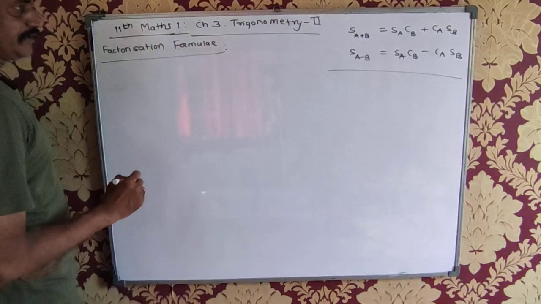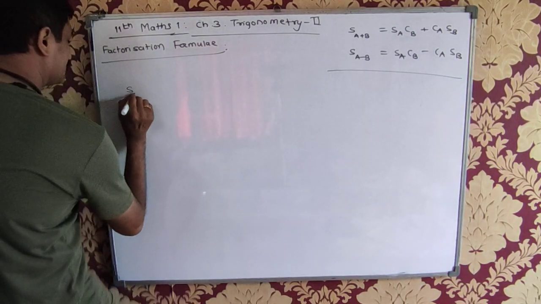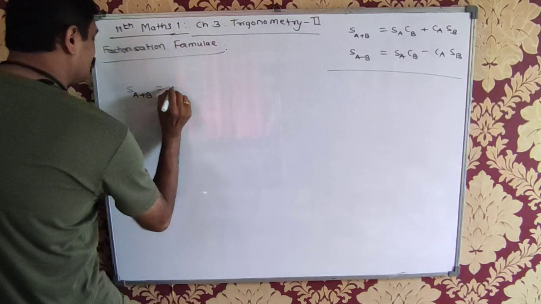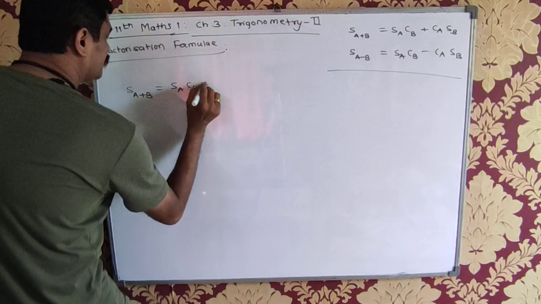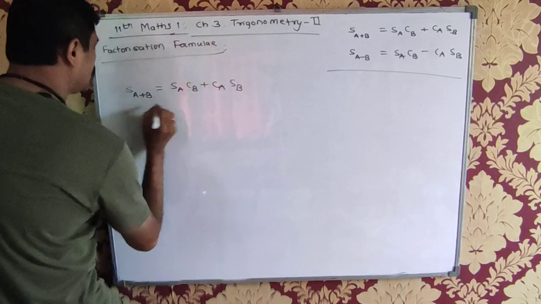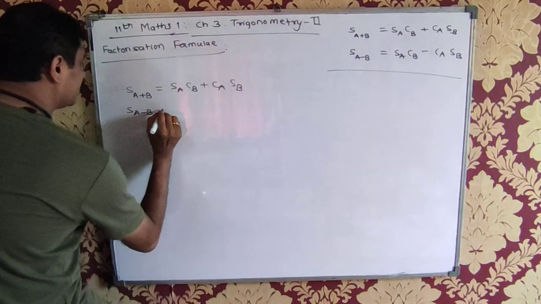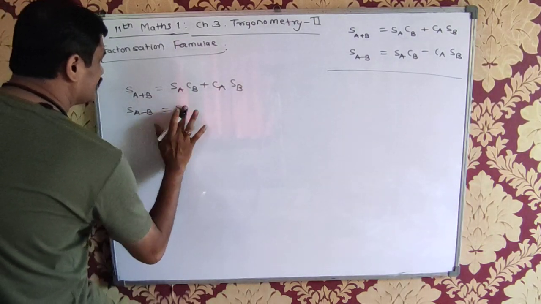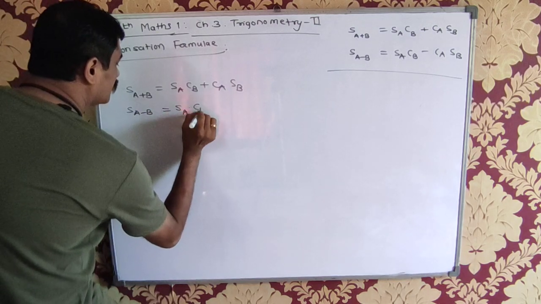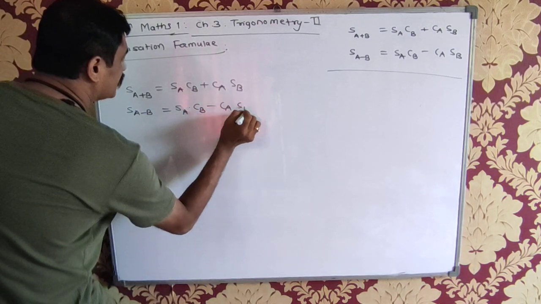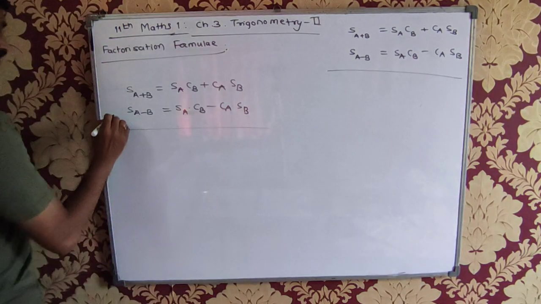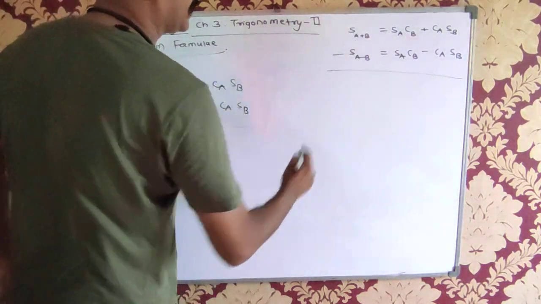I'll add these formulae. Sine of a plus b is sine a cos b plus cos a sine b, and sine of a minus b is sine a cos b minus cos a sine b. I'll carry out two processes here. First I'll add them and then I'll subtract them.